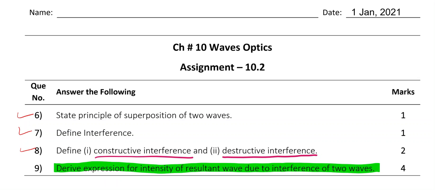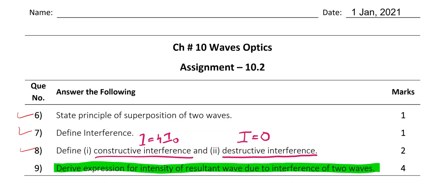And we also saw that if the two waves are identical, then in case of constructive interference, the intensity is 4 times more than that due to an individual wave. And in case of destructive interference, the resultant intensity is 0, provided that the two waves which are being superposed are identical.